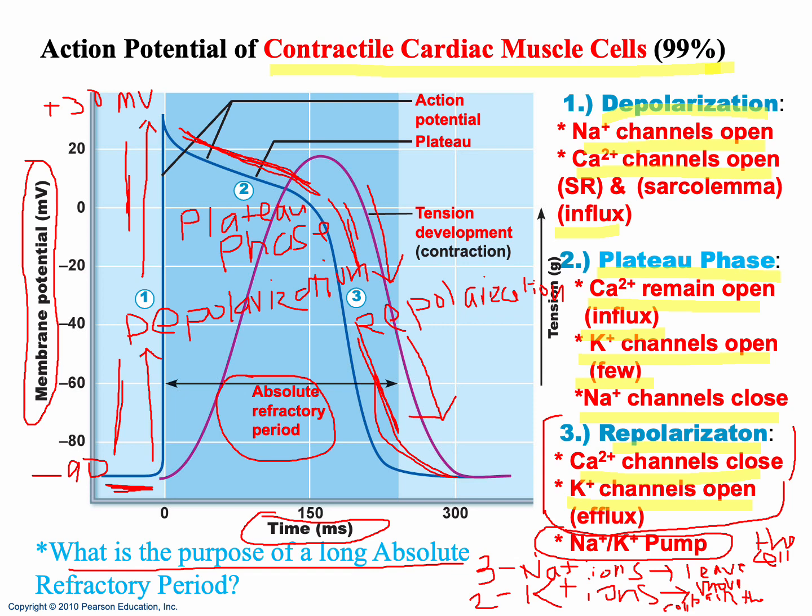And the purpose of having a very long absolute refractory period is, in the heart, it allows for enough time for blood to be pumped through the heart so you have a heart contraction. And that's the purpose. There's a very short absolute refractory period in skeletal muscle with the action potential being fired across. So that's the purpose for having a long one here when you put the physiology into perspective.